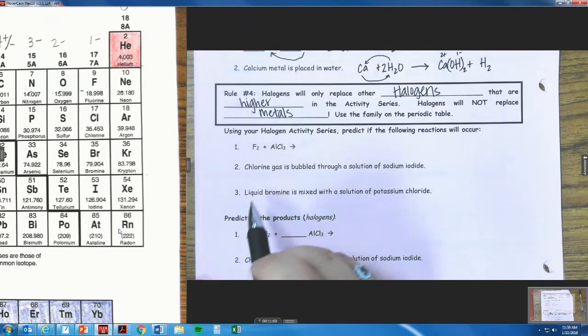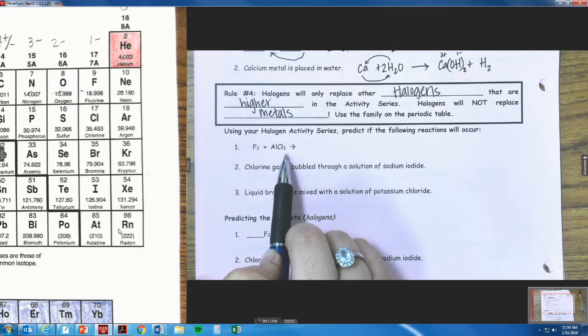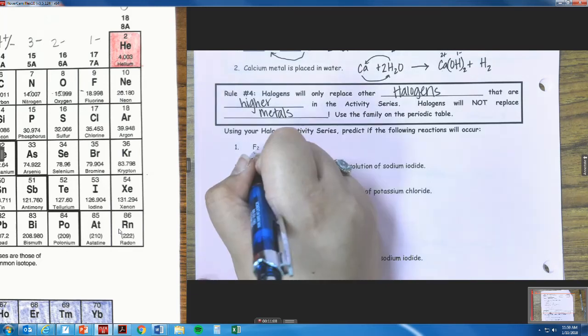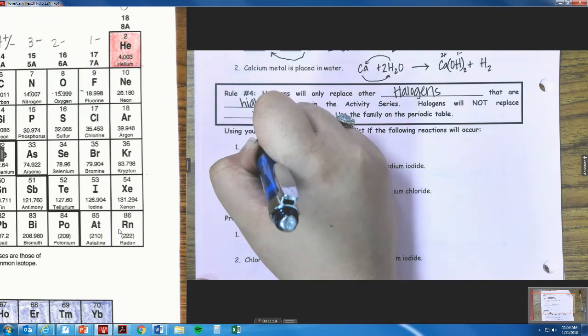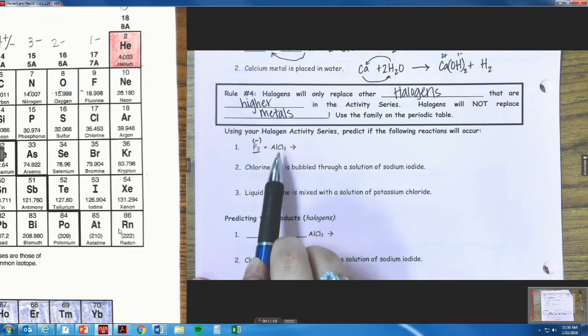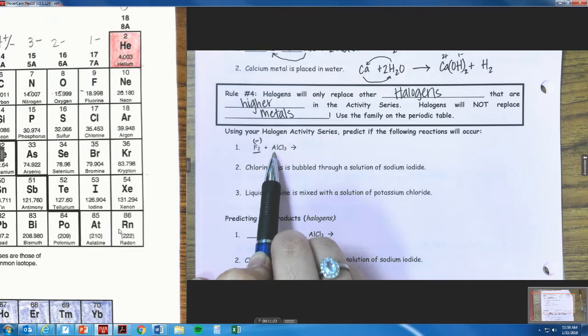Number 1. Okay, so we have fluorine plus aluminum chloride. Okay, so fluorine is going to be a halogen. Okay, it's also negative and it's also a nonmetal. So which one of those is similar to fluorine? Well, aluminum is a metal.